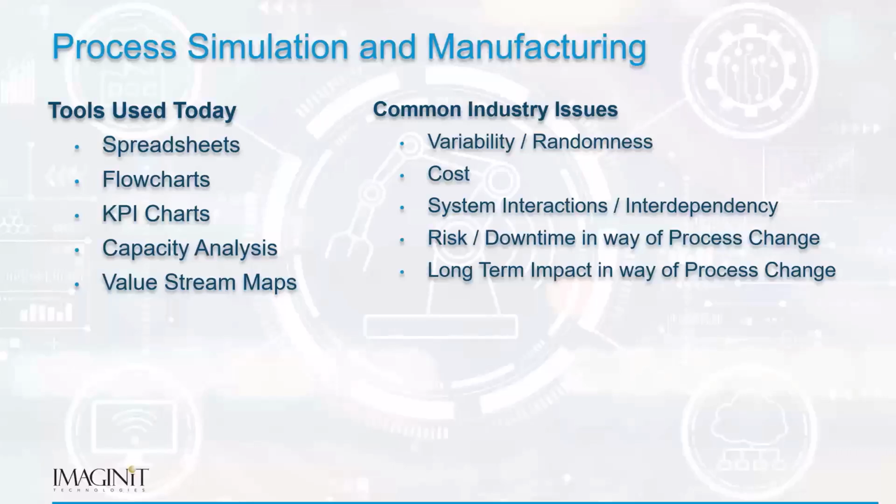They don't account for system interactions or interdependencies between processes and resources. These tools don't provide enough information to confidently face the risk and the downtime required to embrace a major change in your process. They cannot give you enough data to support or determine the long-term impact or benefit a change would make to your current system.